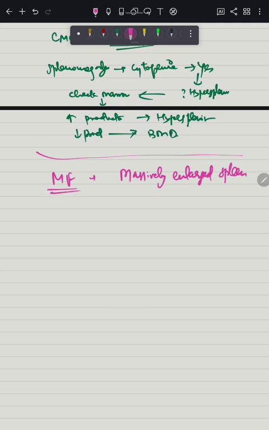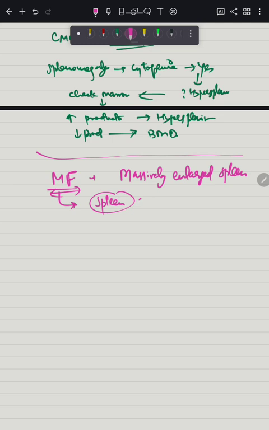Why does this occur? What happens in myelofibrosis? The bone marrow is not able to produce enough cells. There is fibrosis in the bone marrow. That's why we get a dry tap sometimes. But in myelofibrosis, the spleen becomes a site of extramedullary hematopoiesis. So there is increased cell production in the spleen.